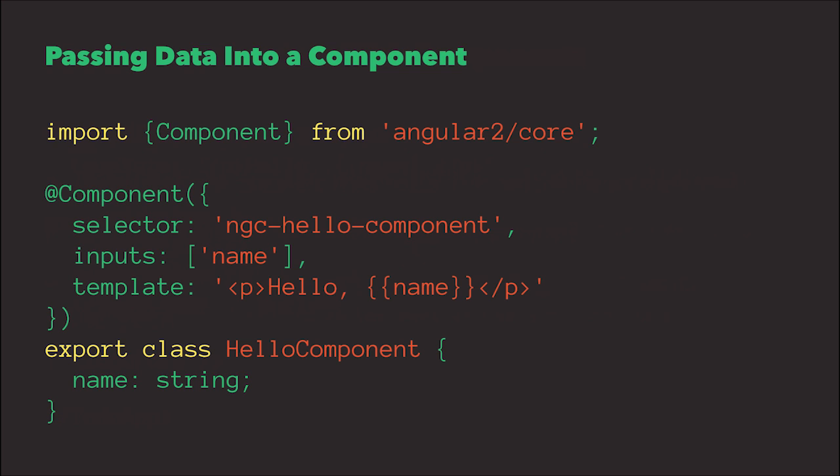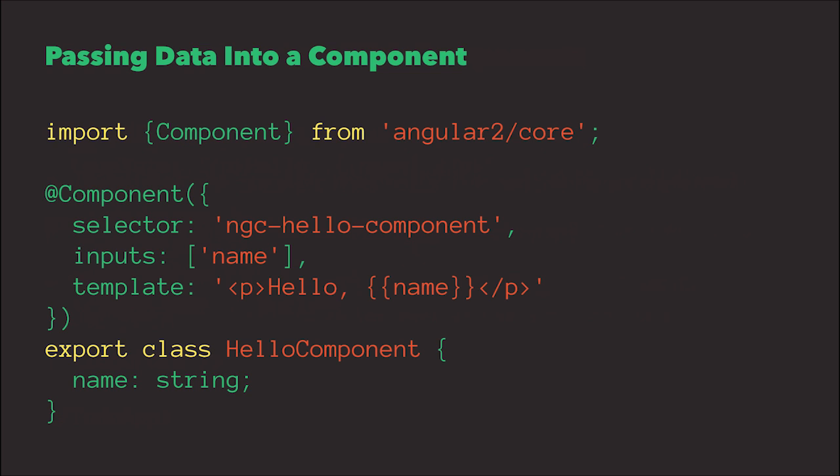So now, once we've seen how to create a component, the next thing we need to worry about is passing data into this component, because this is a tree structure, so you need to pass data down from the root component into its child components. In order to do that, we use the inputs property that's available to us on the component decorator.